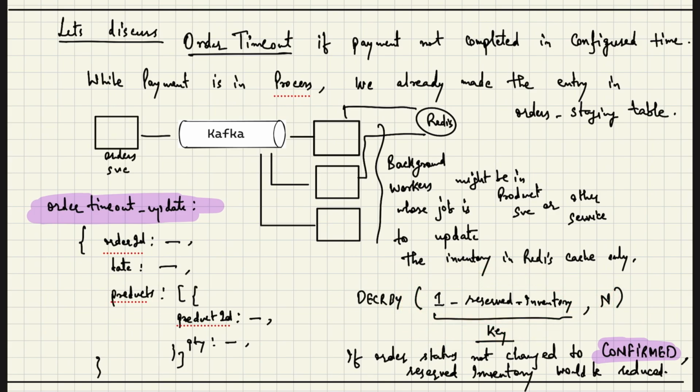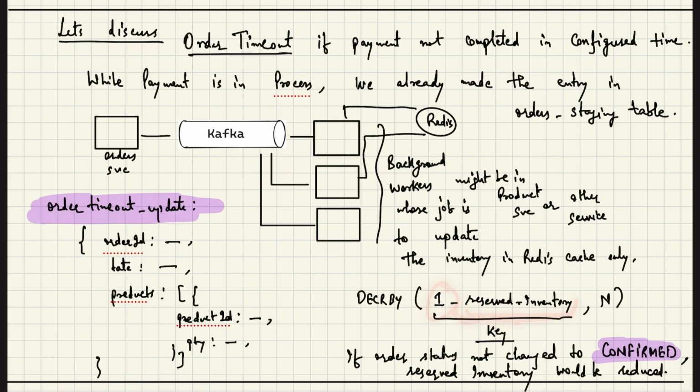For example, in this particular order, the product id 1 and its quantity, these three quantities were there. So what would happen here is simply decrement by, on this key which we already discussed in part 1. This is the product id in combination with reserved inventory. We discussed all this in part 1.